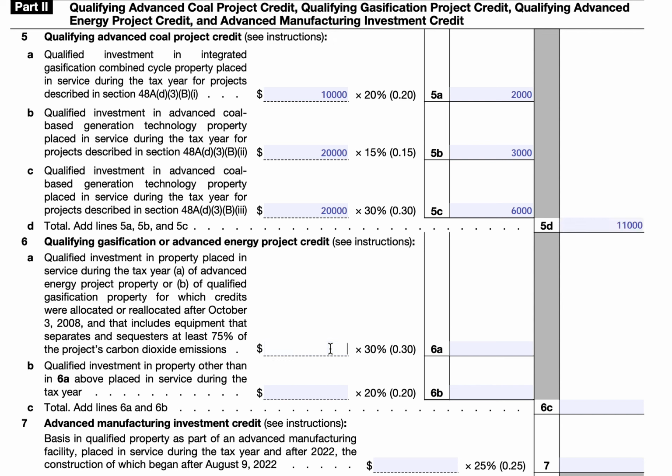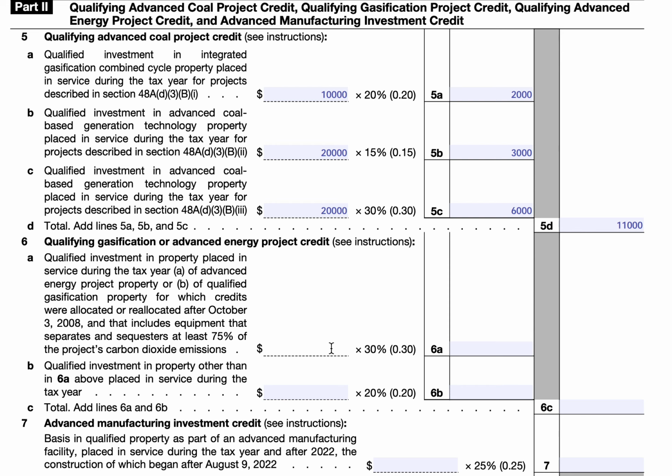So again, in line 6A, we enter the amount that we invested in qualified property placed into service during the tax year. This includes equipment that separates and sequesters at least 75% of the project's carbon dioxide emissions. So if it does that function, you can take a 30% credit.